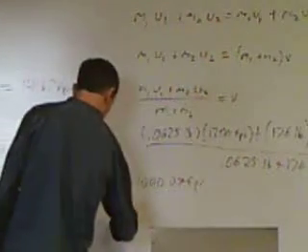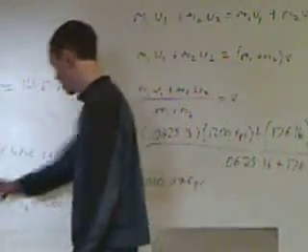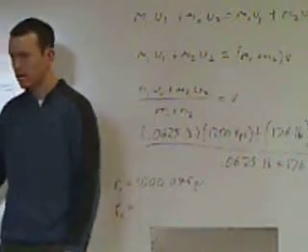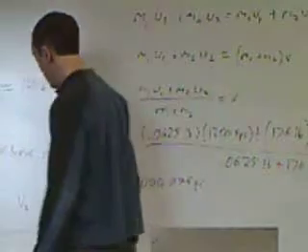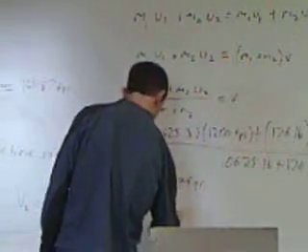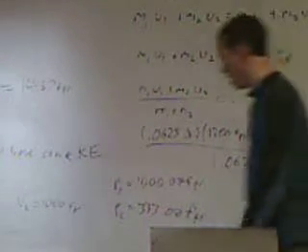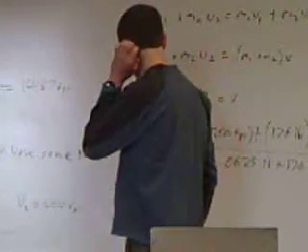And for our second one, P2, we got 3,000 times a ninth. So 3,000 divided by 9 would be 333 ounce feet per second. I mislabeled these.